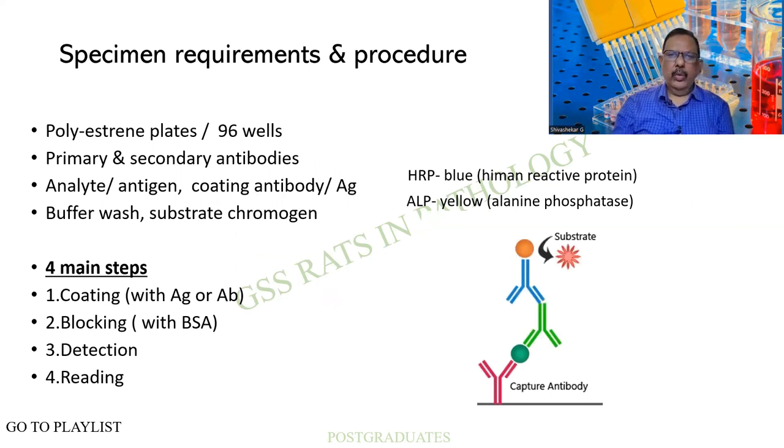Now, what are the requirements for it? What are the specimen and the procedure? You find that there can be polyester plates. I had shown you a plate with 96 wells earlier. There can be the primary and the secondary antibodies. Analyte or the antigen, and then there is a coating antibody.